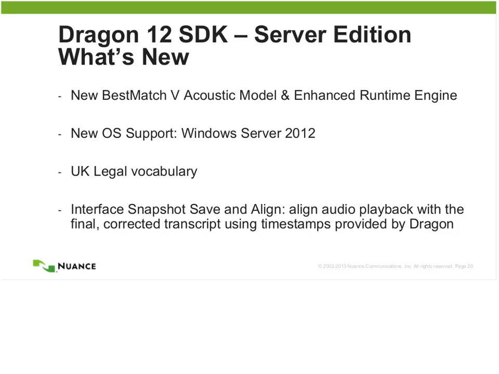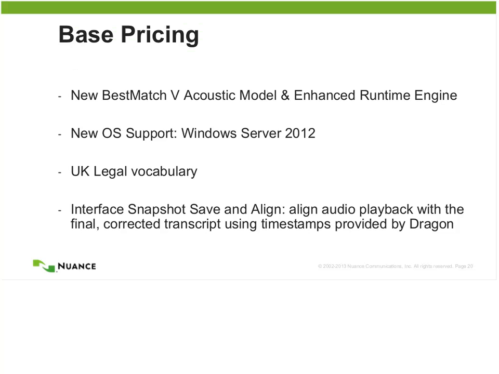The most common use case is for audiobooks. If you're building an application that requires audio playback in an audiobook, where you want to highlight the word that is being played back, then you can use this interface so that Dragon can provide you with the timestamps of the audio where you should be playing back.